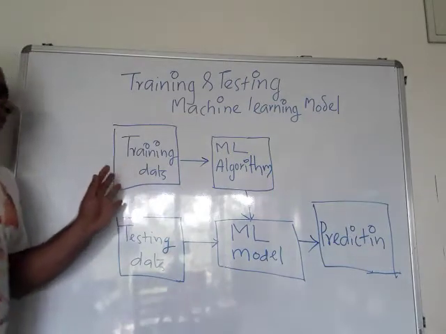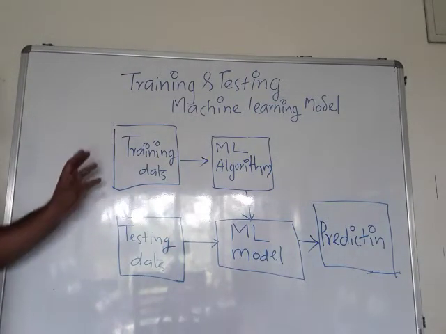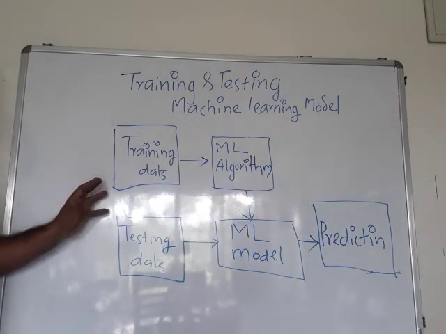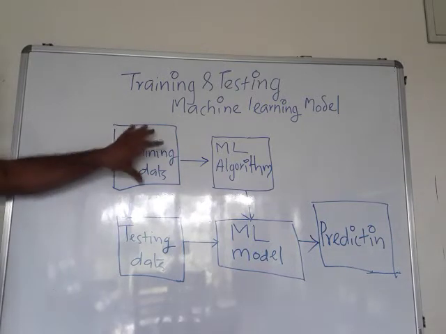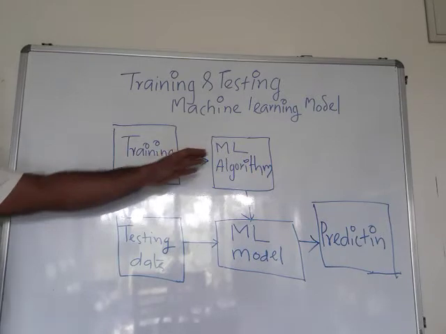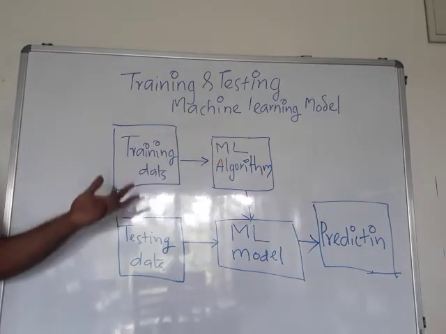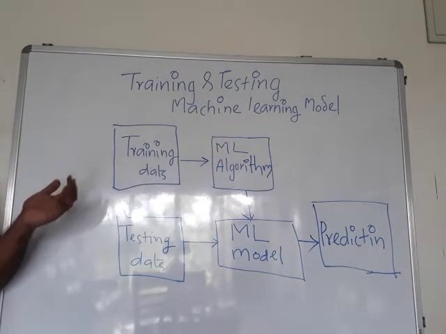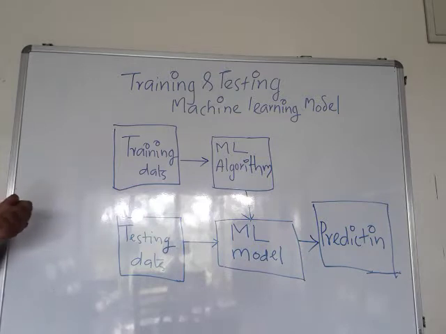See, this is a simple block diagram for this. We will give the training data. Training data means the labeled data, to a machine learning algorithm. Linear regression, logistic regression, random forest, all these are machine learning algorithms only.